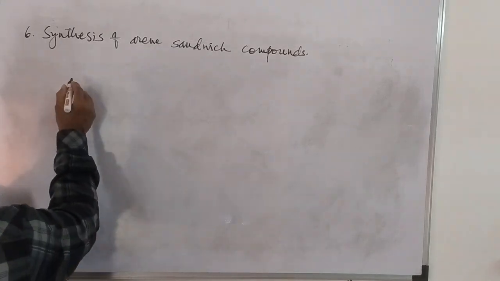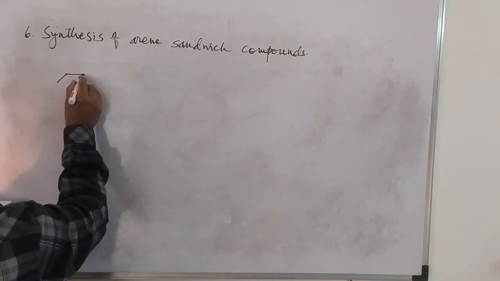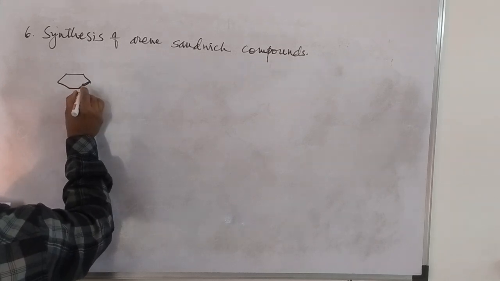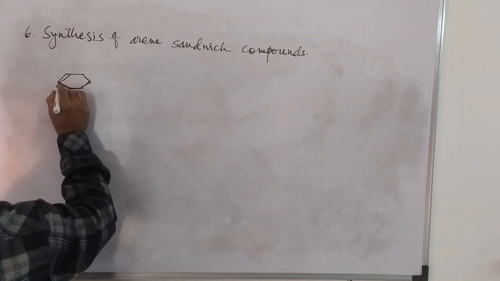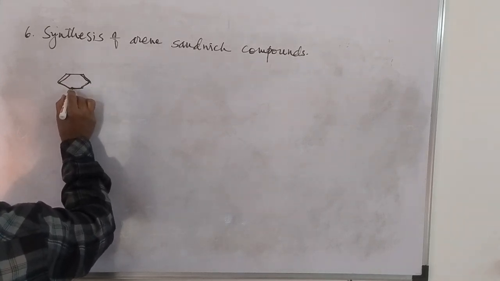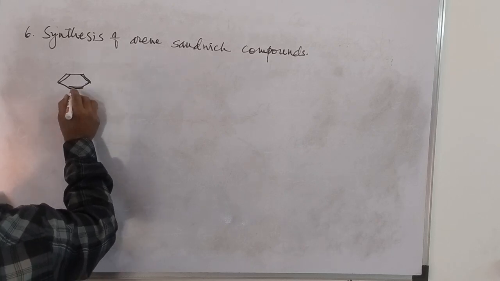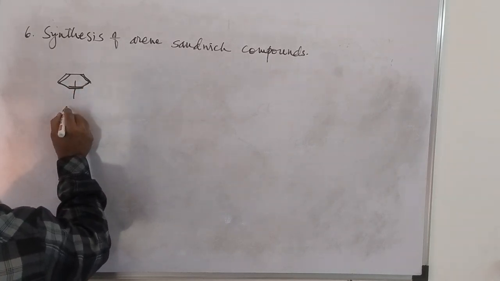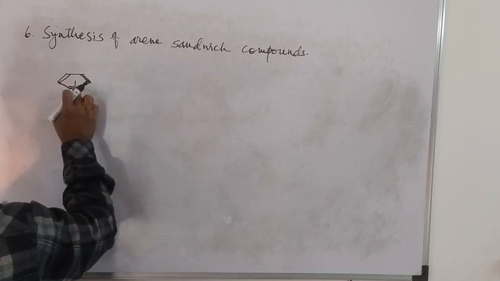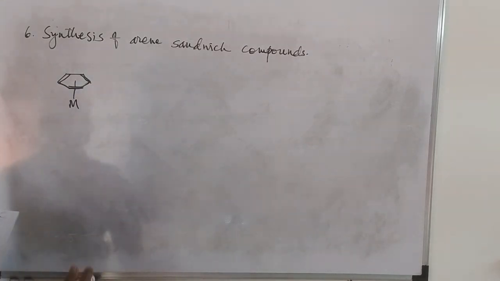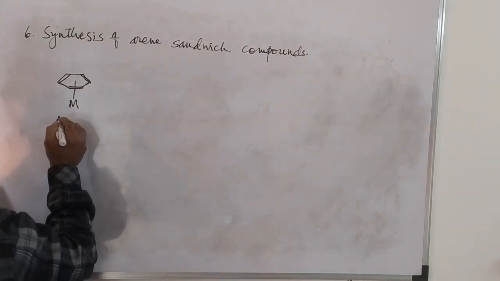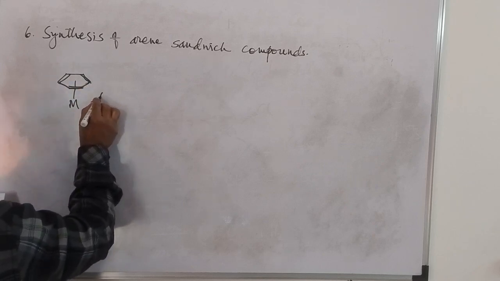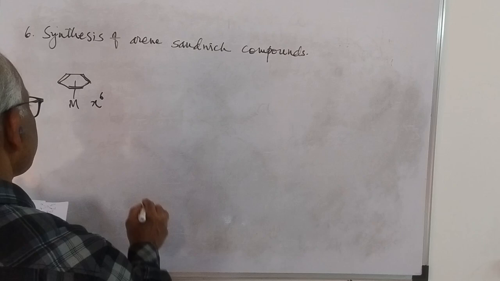So we will see some examples. This is the metal benzene ring. It has 6 points of attachment, so it is called an eta 6 complex.